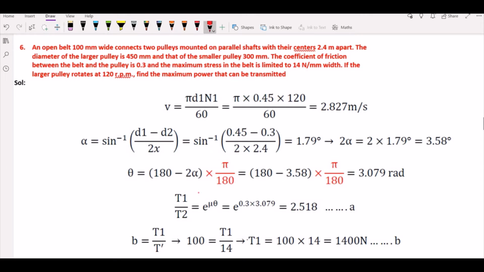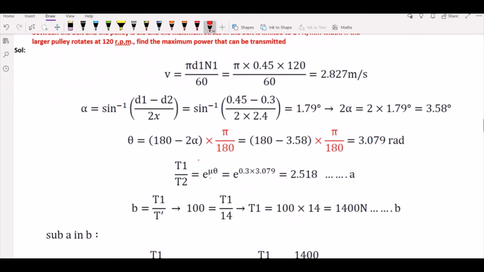Take it as equation number 2. Equation 1 is T1 by T2 is equal to e power mu theta, where mu is 0.3, the coefficient of friction, and theta is 3.079. Theta you can calculate from the angle of wrap, which is the given angle into pi by 180, converted into radians.